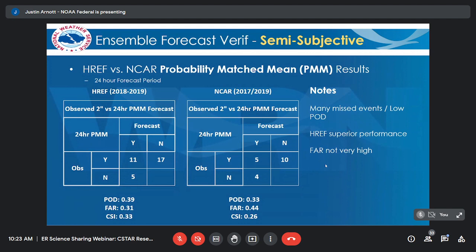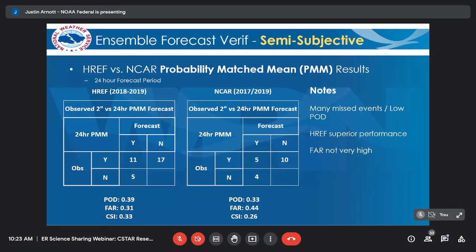All right, let's switch over to the probability matched mean and look at probability matched mean 24-hour forecasts of 2 inches. I'm only giving you a scattering of the different things we looked at. We could be here all day looking at all the different combinations. But you can see that for a 2-inch 24-hour forecast, the probability matched mean has a lot of missed events.